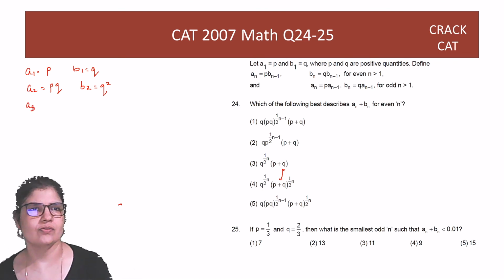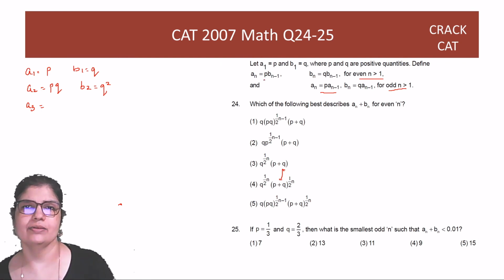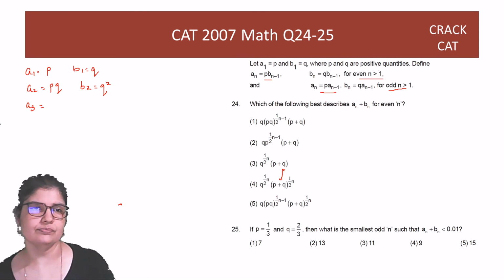A3, what is A3 going to be? Now you are looking at odd n. Before, n was 2, so you were looking at even n. Now you are looking at this. So A3 is equal to P times the earlier value, correct? But for A, earlier it was P times B, here it is P times A. So you get P square Q.